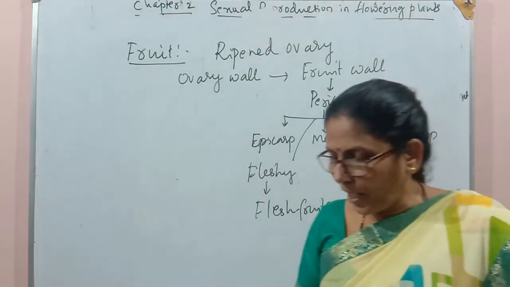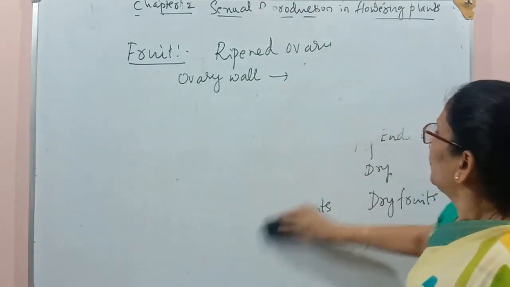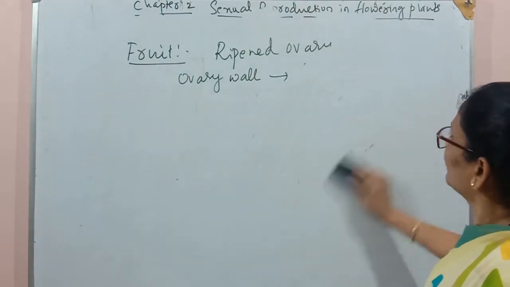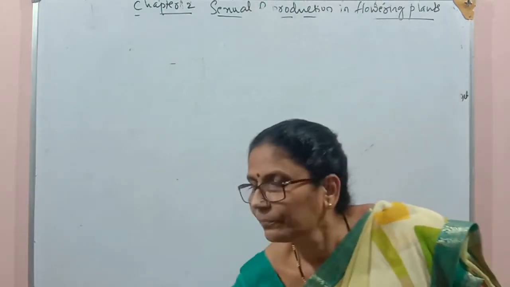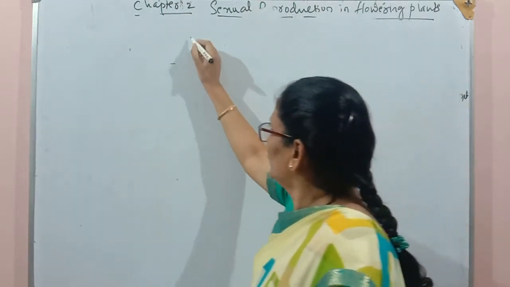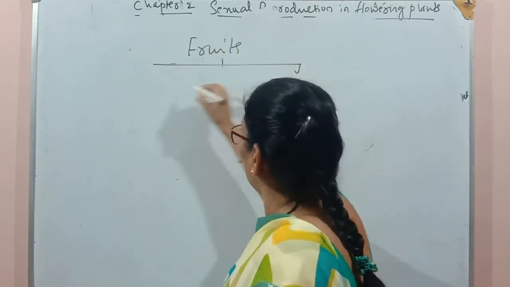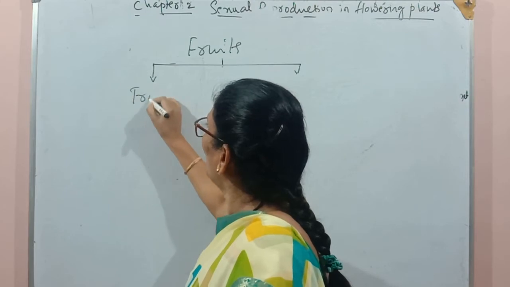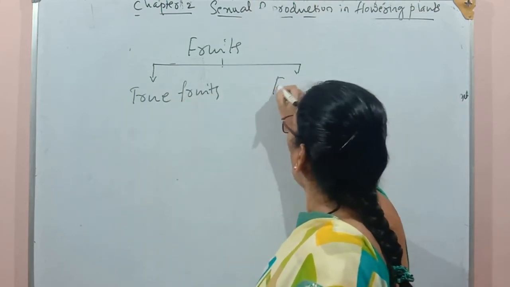Fruits may also be classified into two types: true fruits and false fruits.